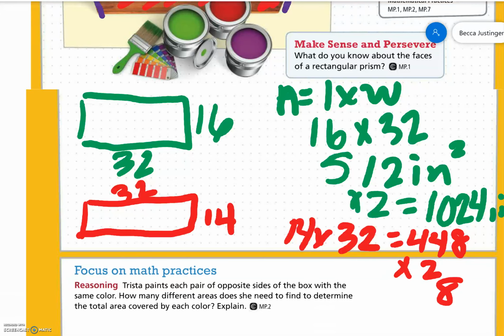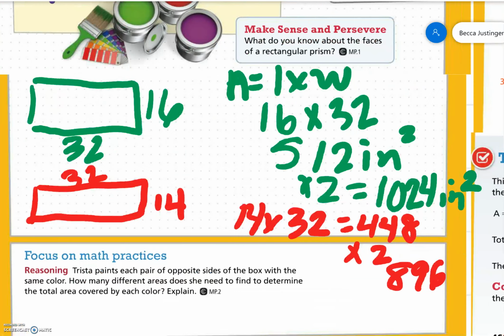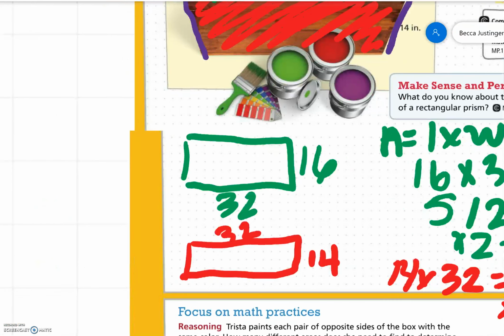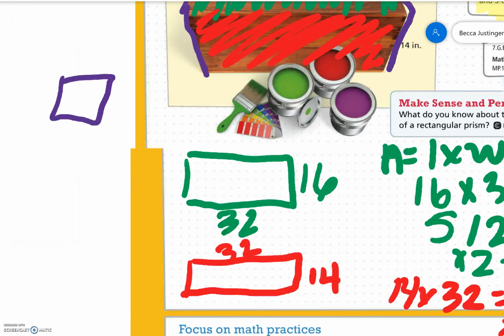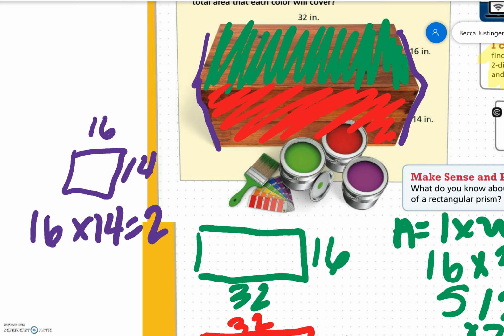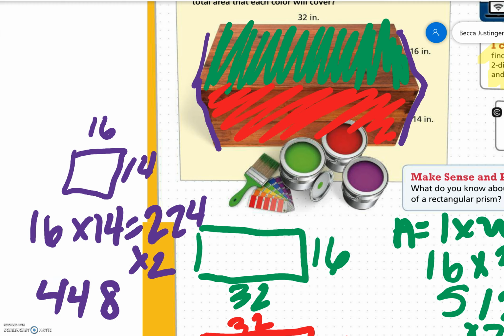So that gives us 896 inches squared. And last but not least, the purple sides are rectangles, but they are 16 by 14. So length times width gives us 224, but there's 2 of them, so we multiply that by 2 to get 448 inches squared.